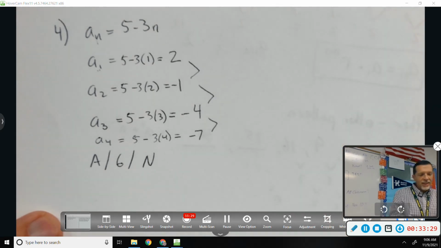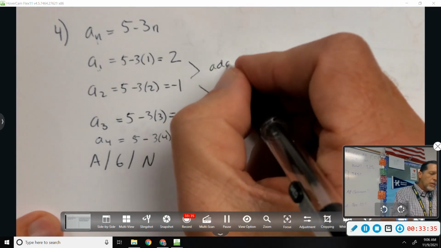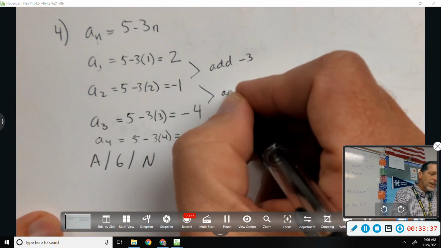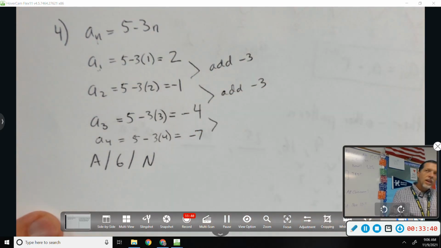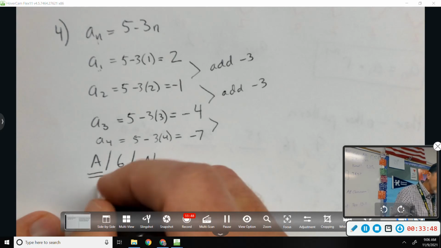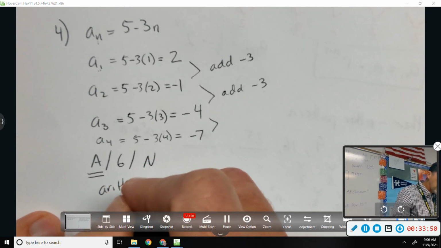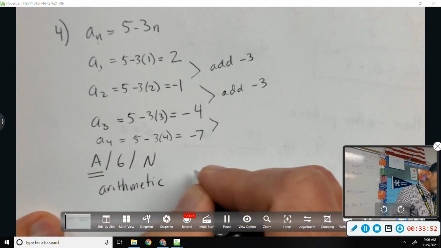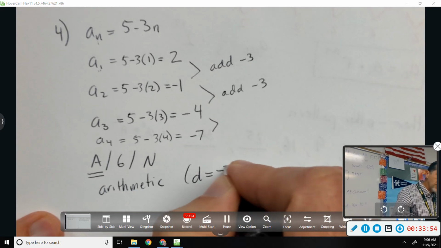That's a yes. But that's not really an option. We have to say we're either adding or multiplying. We're adding negative 3. So it's arithmetic, even though you're subtracting. Well, right, it's that whole adding is subtracting, but with negative numbers. So it's arithmetic. And we don't need to know this yet, but the difference is negative 3.